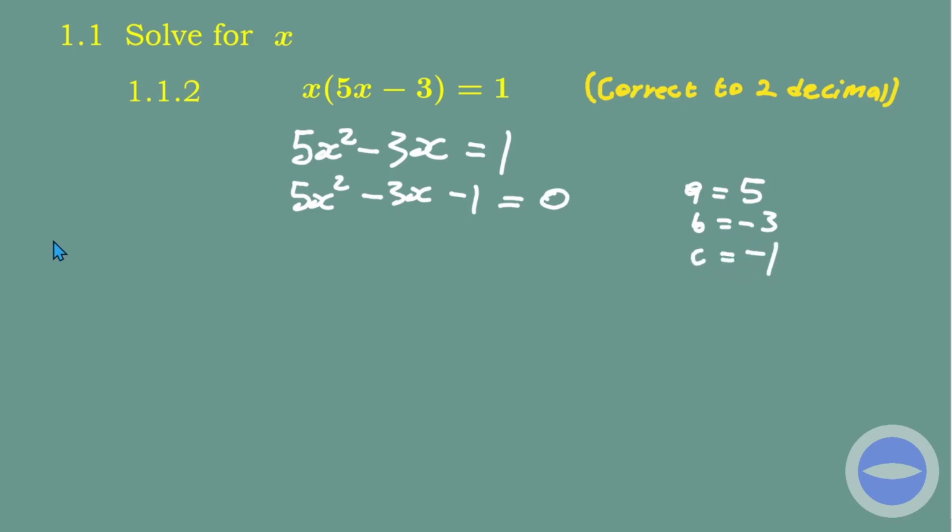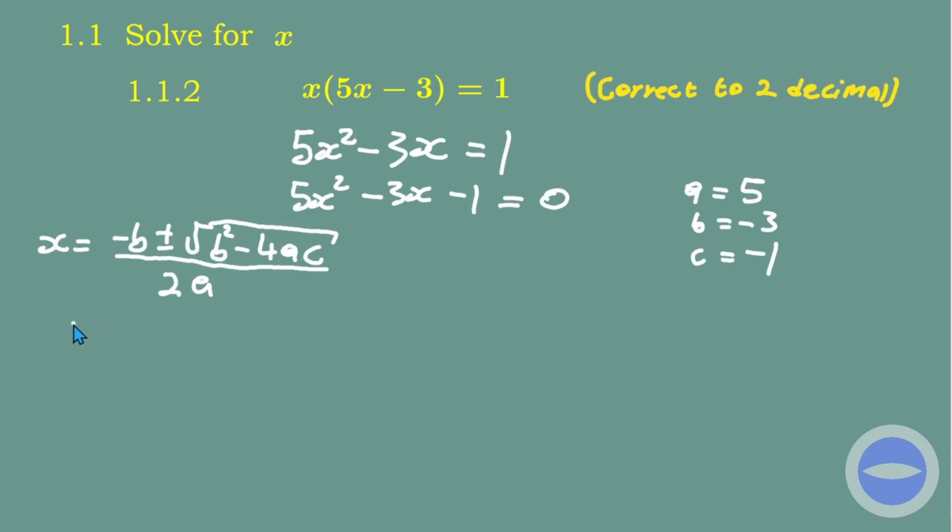The quadratic formula says x equals minus b plus or minus the square root of b squared minus 4ac, all over 2a. So I will substitute these values into this formula.